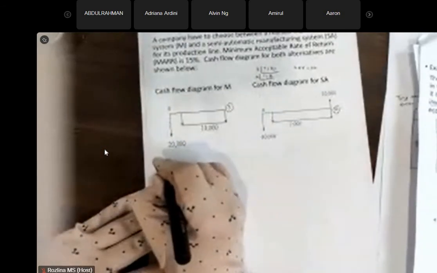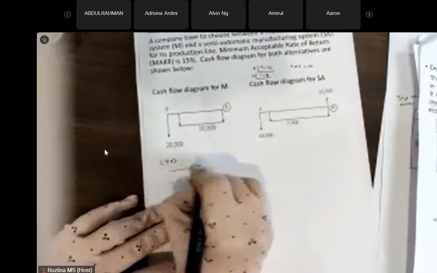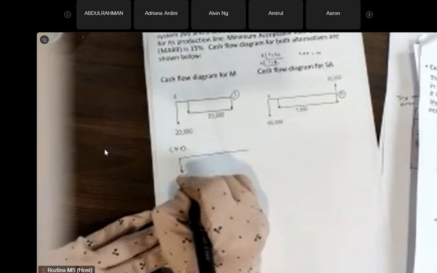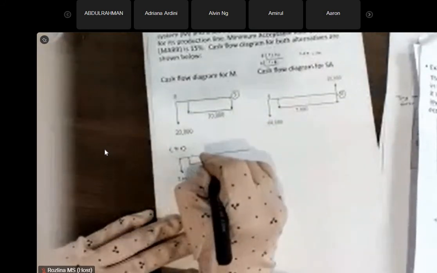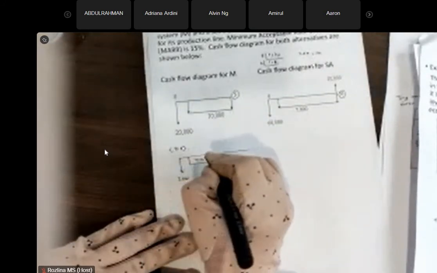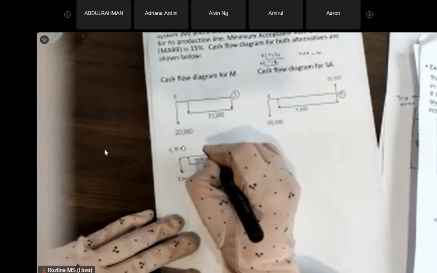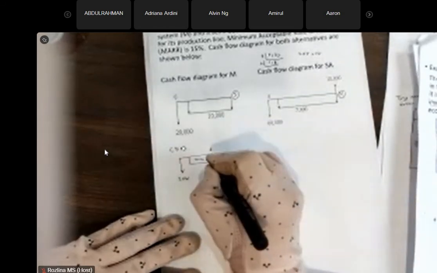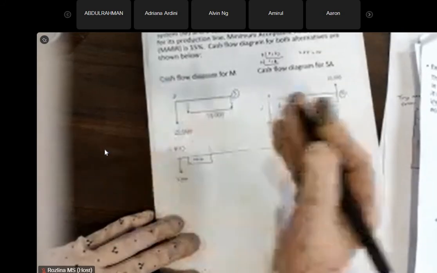So the cash flow diagram becomes: first is 20k, and then we have 10k, and until here is 5. No salvage value in this case. So you have to repeat.